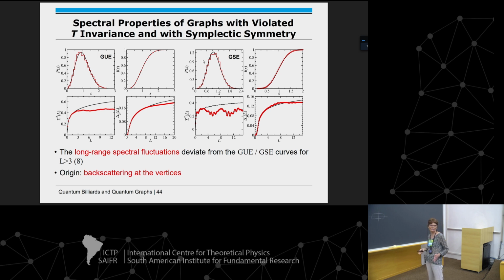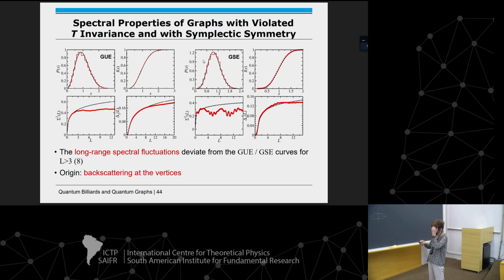To see this, you just take the Fourier transform of the spectral density, and then in the length spectra you see peaks at lengths which correspond to one bond length. So also in these cases you have to deal with backscattering, and it's especially large in the case of GSE graphs.